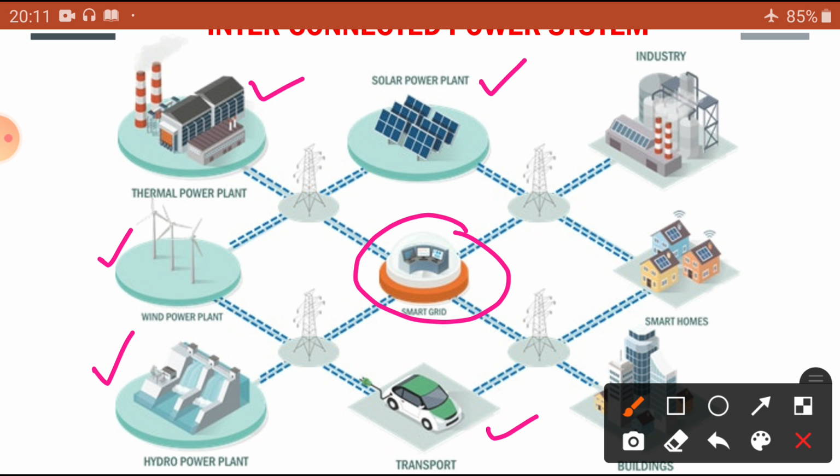That also we can connect. And diesel power stations, different stations, all are interconnected to the common points. That is a power grid.